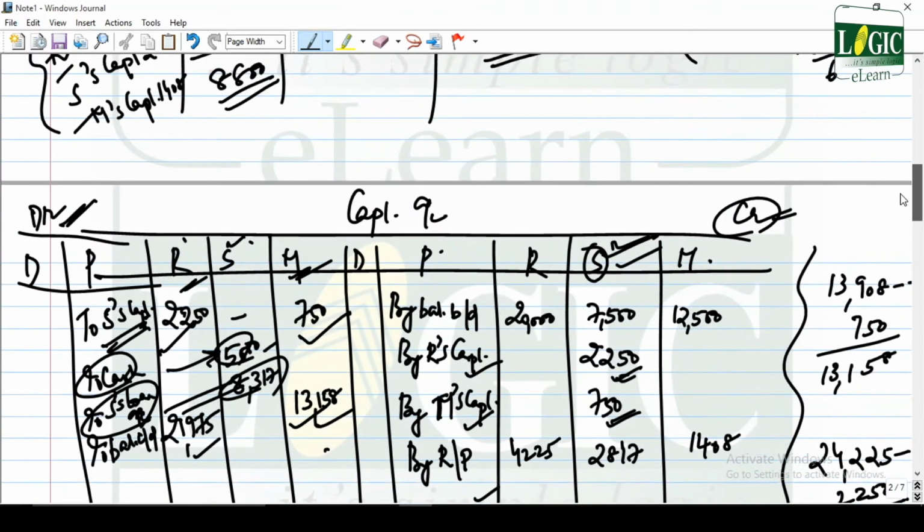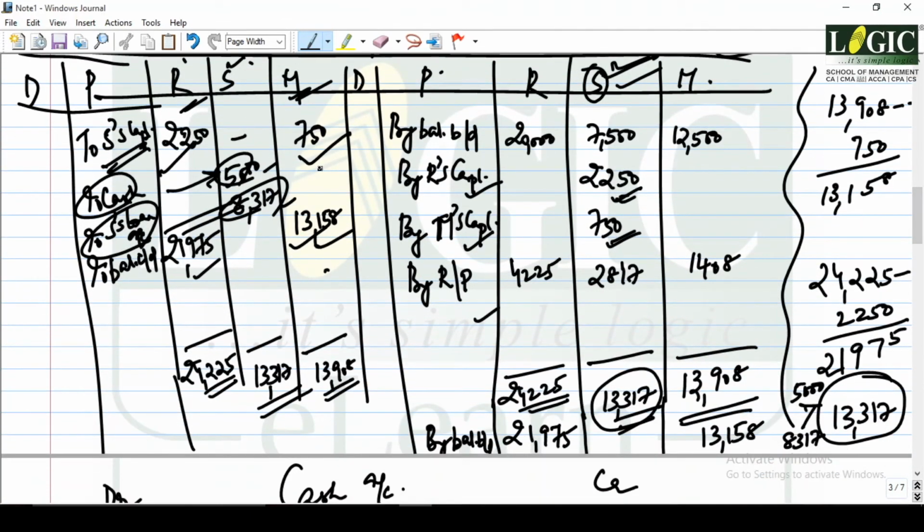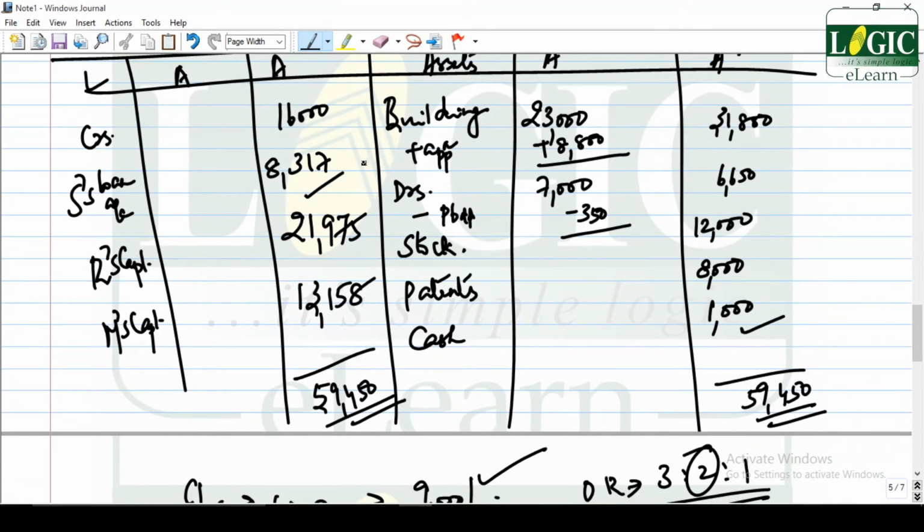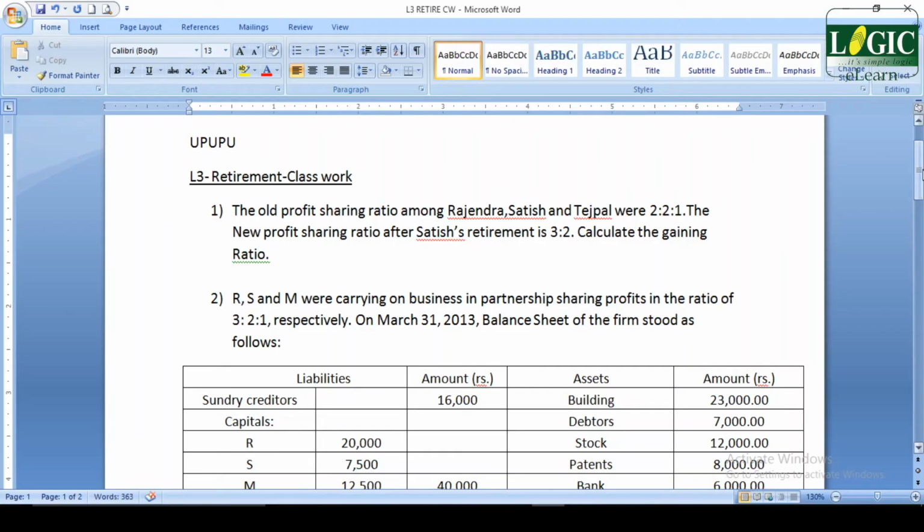Regarding the remaining loan, that is a liability for the firm until it is paid, so S's loan should come in the balance sheet, and R's capital account balance and M's capital account balance should also come in the balance sheet. So the balance sheet finally tallies at 59,450.